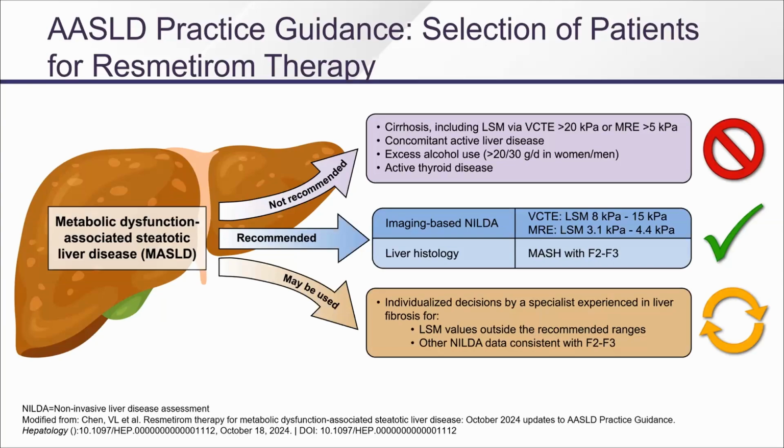I use 8 for both ELF and FibroScan, or MRE at 3. And then don't use it in patients who have advanced cirrhosis. Now, if they're just in between F3 and F4, you should know that there is no safety concern with compensated cirrhosis. They just weren't in the trial. But with decompensated cirrhosis, there is a significant safety concern.